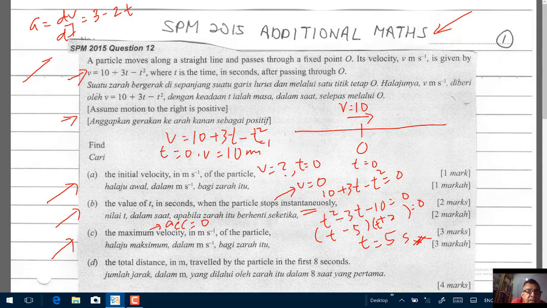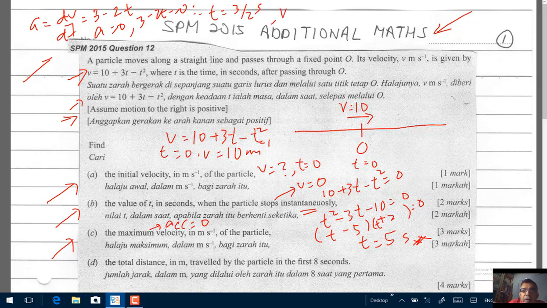How do I get this? Just differentiate v equals 10 plus 3t minus t squared, and you'll get 3 minus 2t. For maximum velocity, acceleration is 0, so 3 minus 2t equals 0. Therefore, t equals 3 over 2 seconds.